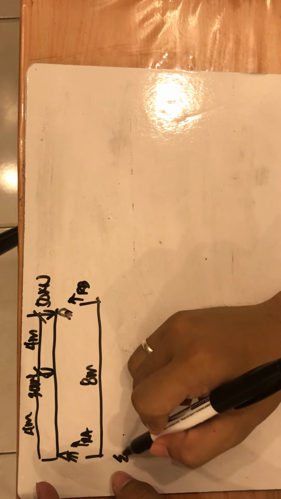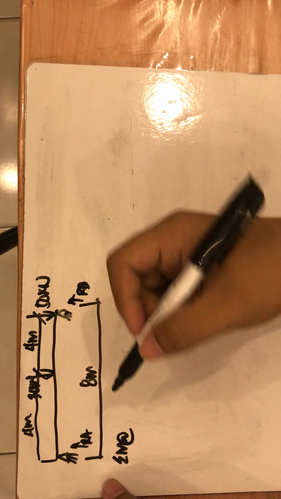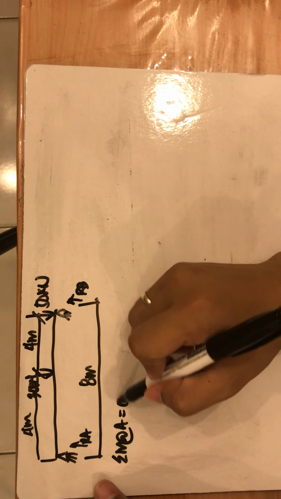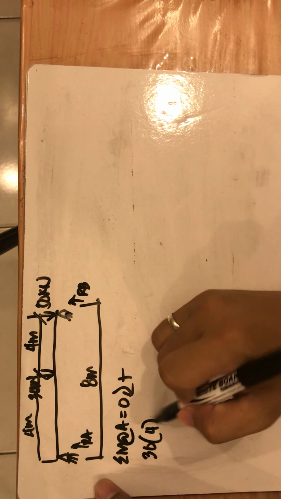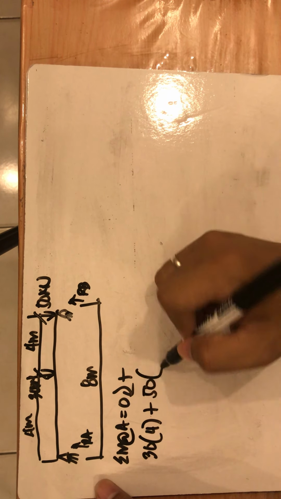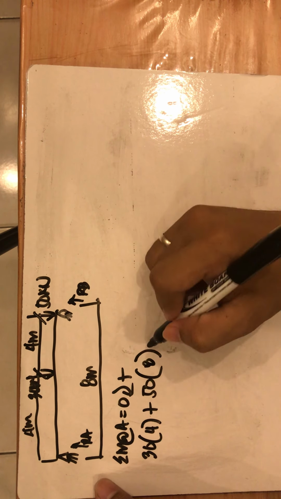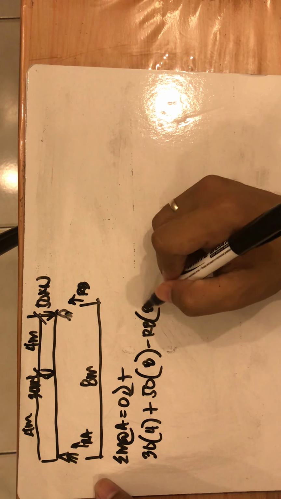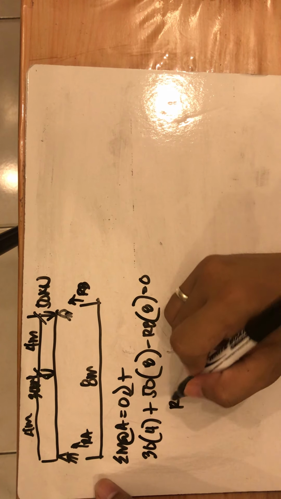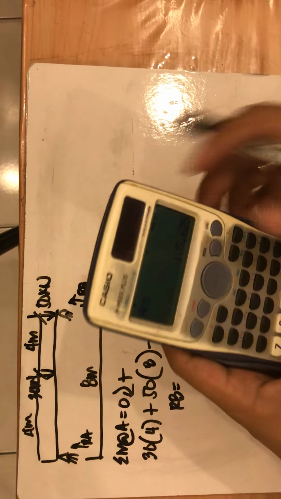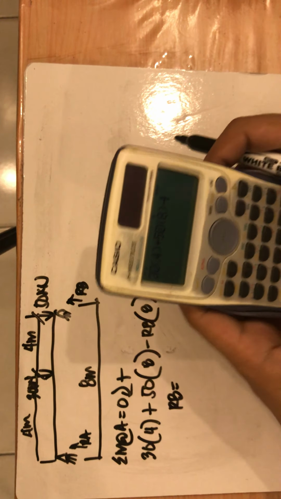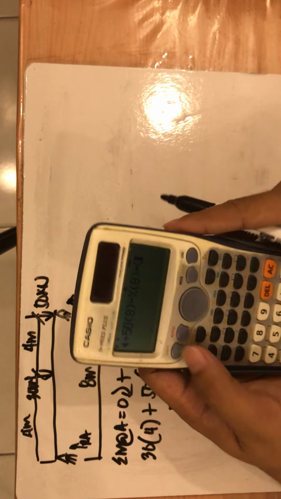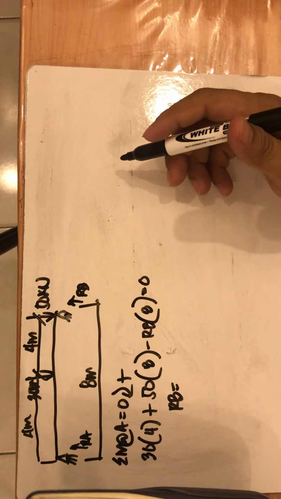Summation of moment at A equals 0, clockwise positive. 30 times 4 plus 50 times 8 minus RB times 8 equals 0.